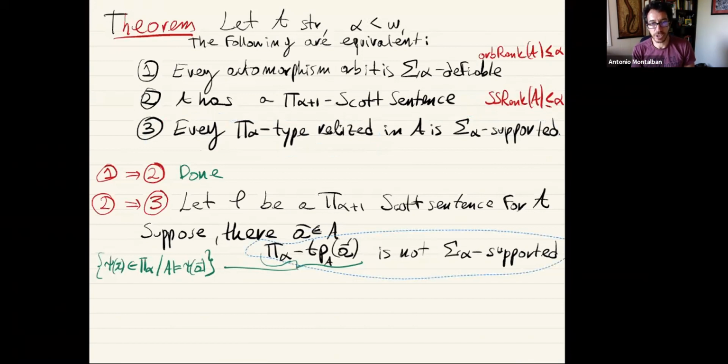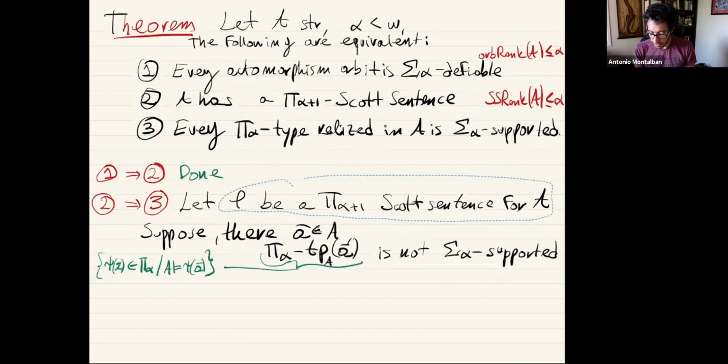So suppose that's what we have. And now we want to get a contradiction. And the contradiction has to come from assuming that we have a Scott sentence for A, which is 2. What is going to be the contradiction?